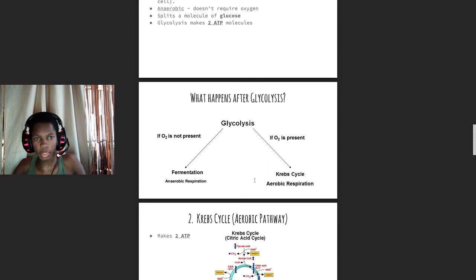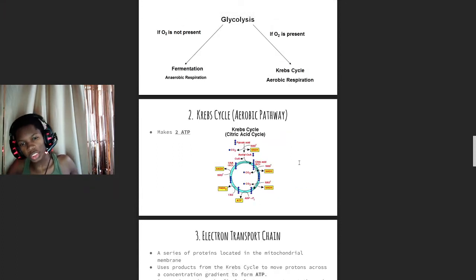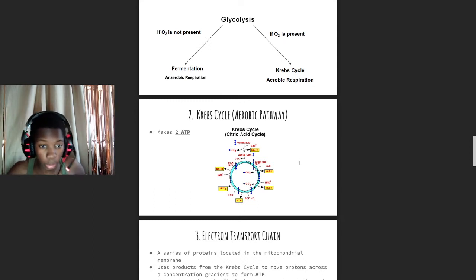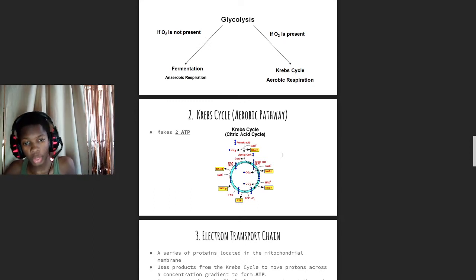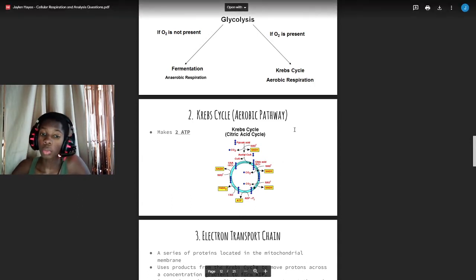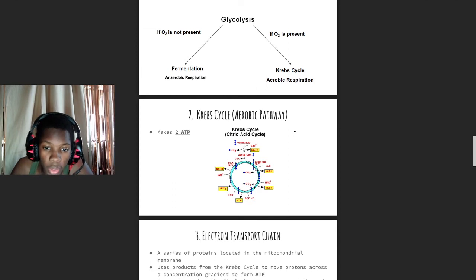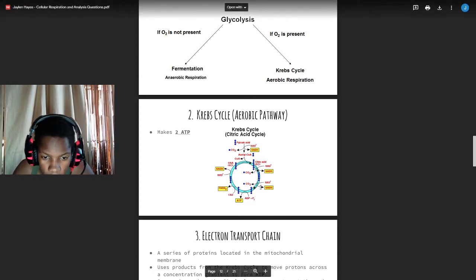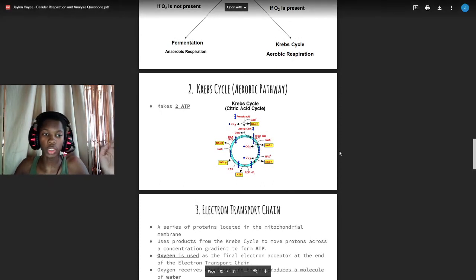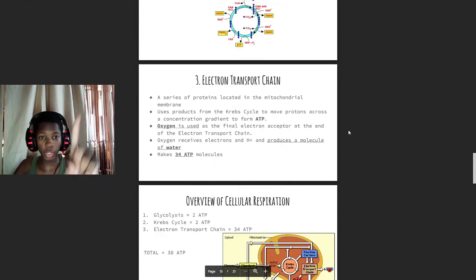You can clearly see it right here. The Krebs cycle makes 2 ATP molecules, and it can also be called the citric acid cycle. There's a lot of stuff right here, so you can pause the video however much you want.